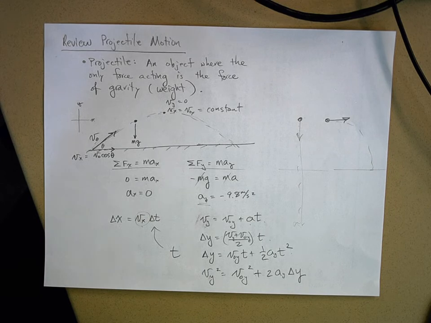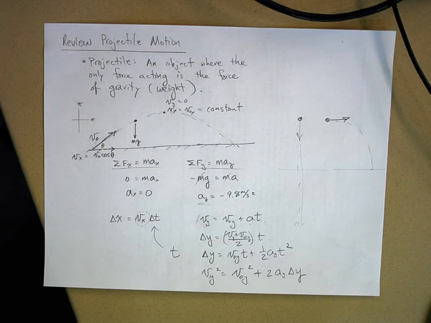There's no wind resistance. Nobody's pushing on it. A projectile is only under the influence of gravity, and in this class, we never include air resistance. Since the acceleration of gravity is a constant, we can use the kinematic equations to solve problems.